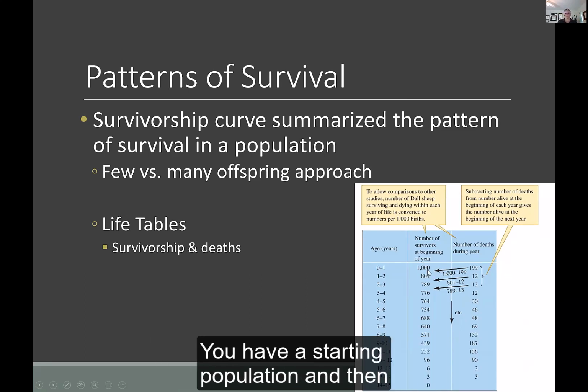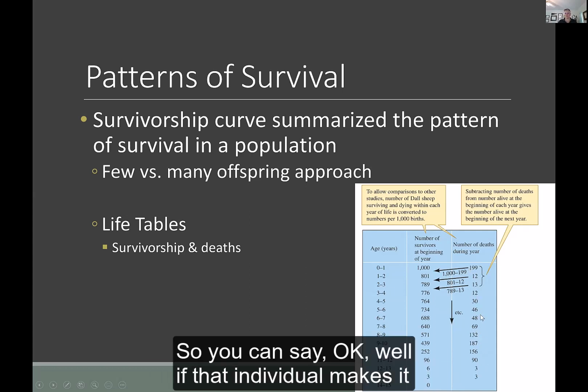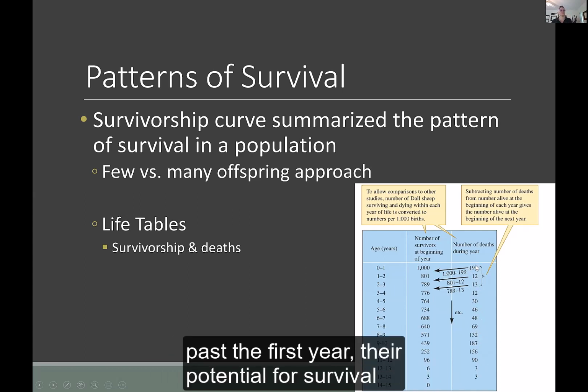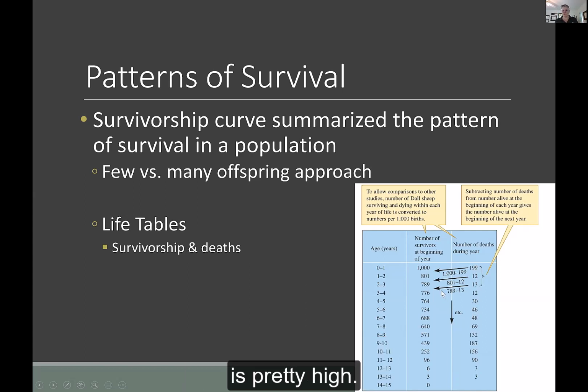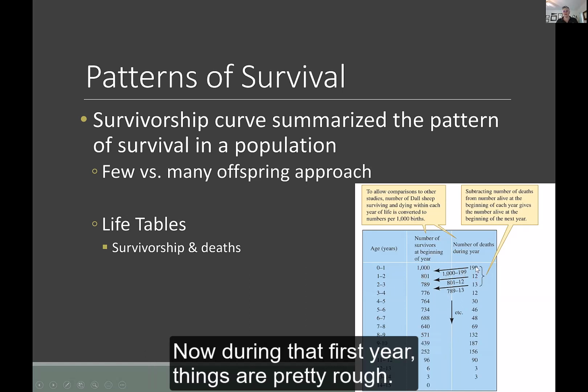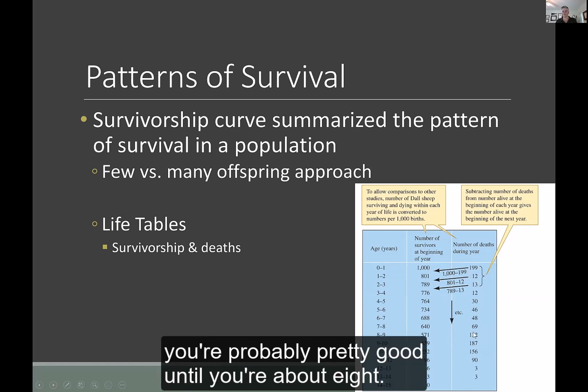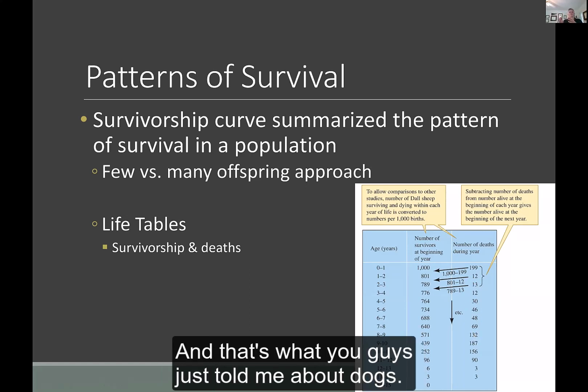You have a starting population and you look at the rates of death. And so you can say, okay, if an individual makes it past the first year, their potential for survival is pretty high, because out of 800 individuals, we've only lost 12. Now, during that first year, things are pretty rough. So if you make it past that first year, you're probably pretty good till you're about 8, and that's what you guys just told me about dogs.